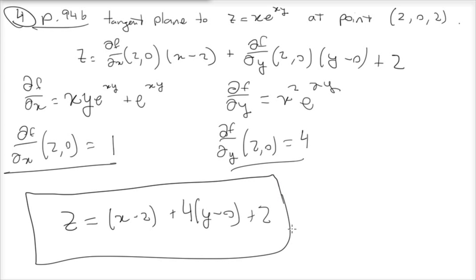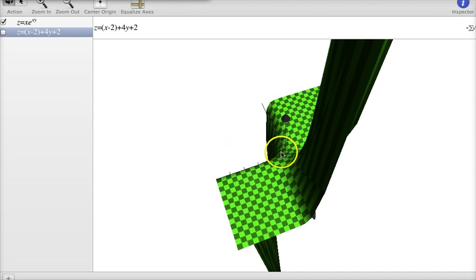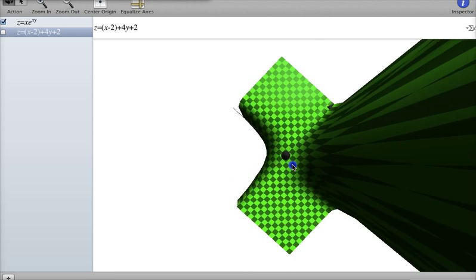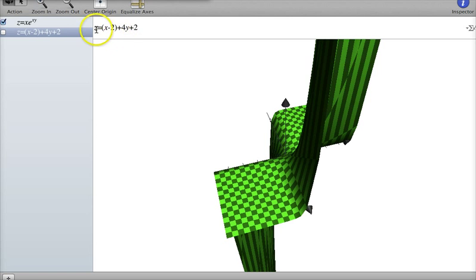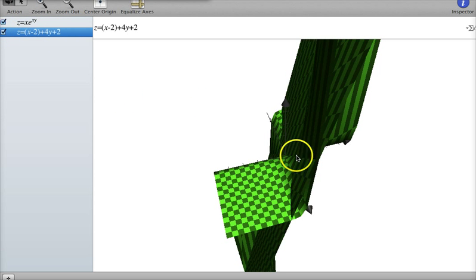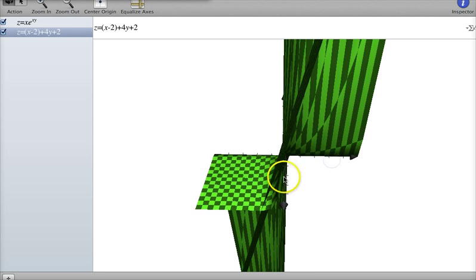Now let's go see what that looks like graphically with our little graphing software. Alright, so here is our equation right here. Oh, sorry, that is the tangent plane. So here's the curve, x times e to the xy, and here is our tangent plane, and let's make that appear right here. And we see this is the x-axis.